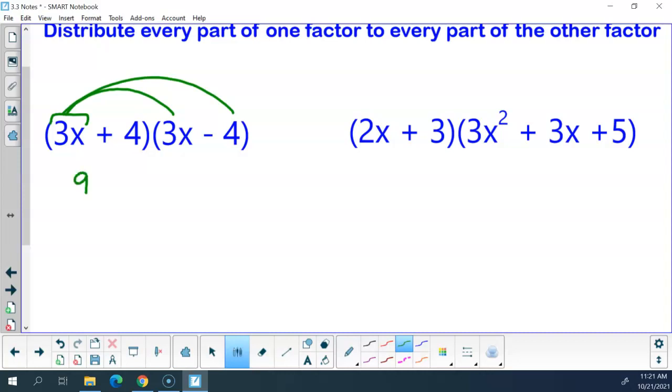So you get 9x squared minus 12x. Then you've got to take the second term and distribute it into both of those also. And you get positive 12x minus 16.